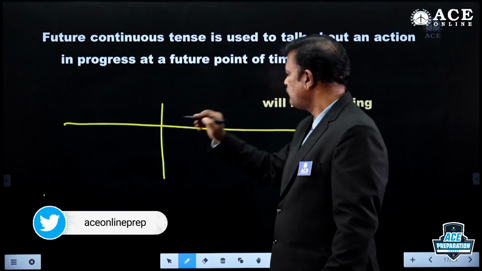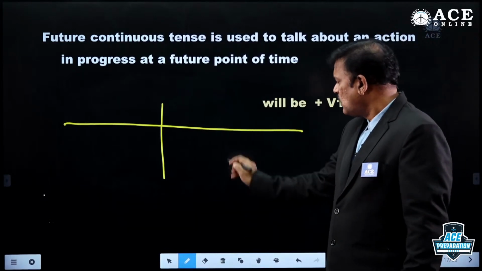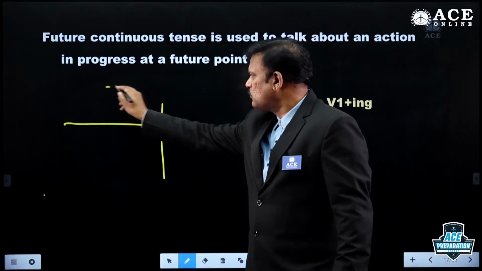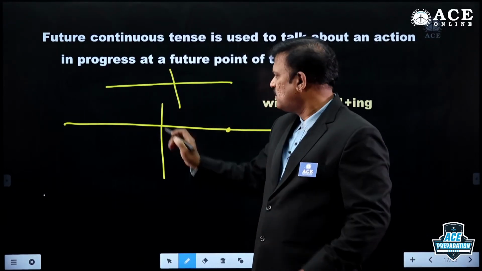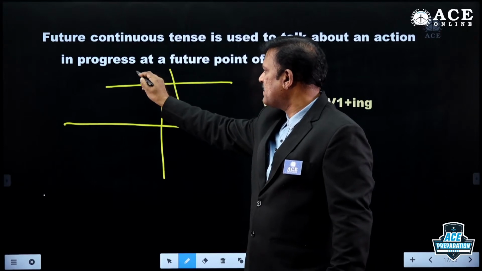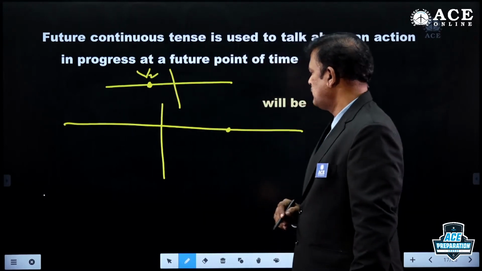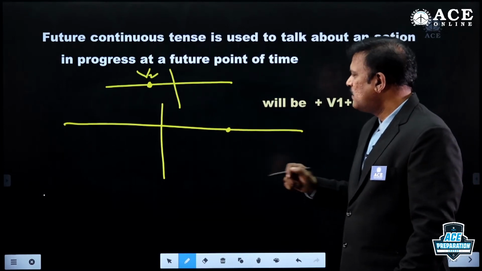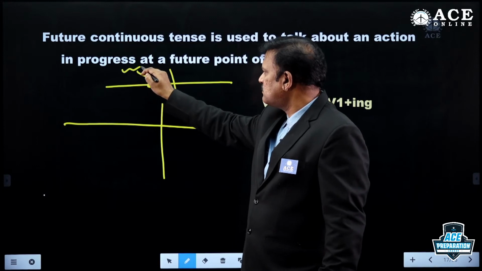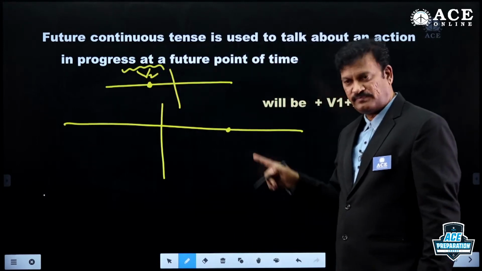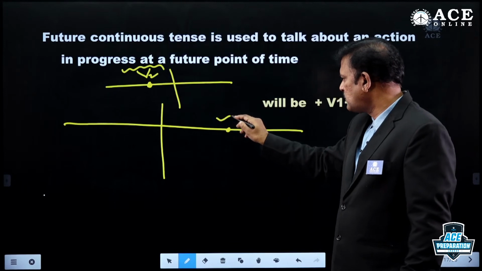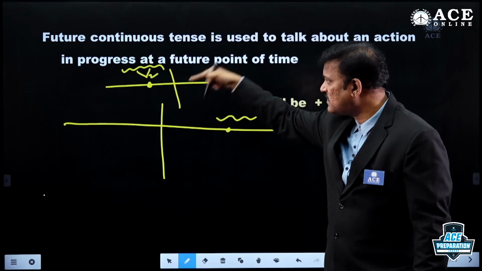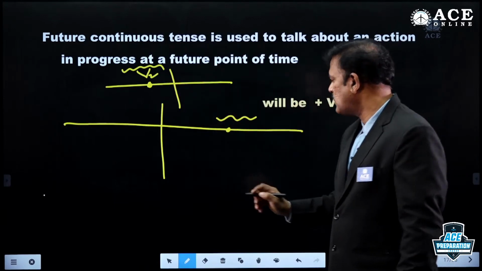Look at this. This is like this. One point here, obviously in the future. You see the comparison. A past action, I am expressing with V2. I should also express this point with some action. Let us say there is one background action, and this one also has one background action. I will give you this, and you turn that sentence into this. How do you do that? We'll see.